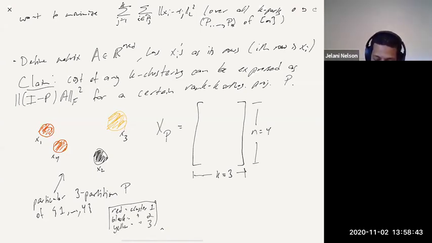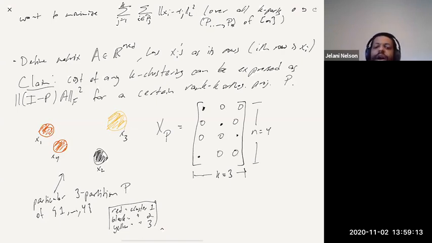Okay, so x1 is in cluster 1, so I'm going to put a non-zero here. x1 is not in clusters 2 or 3, so I'll put zeros here. x2 is in cluster 2, so I'll put a non-zero here, and then it's not in the other clusters. x3 is in cluster 3, so I'll put a non-zero here, it's not in the other clusters. And x4 is in cluster 1.